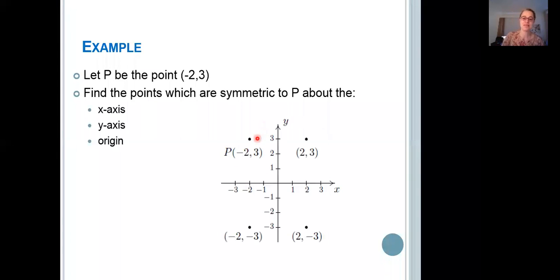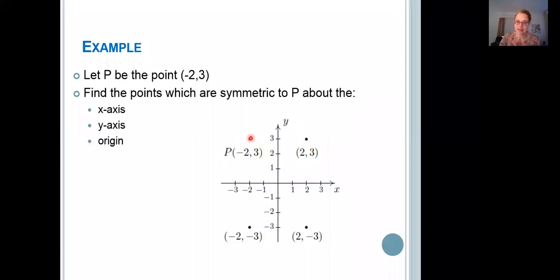So if we took our point P about the x-axis, we remember that means the x-coordinates have to be equal and the y-coordinates are equal in value but opposite in sign. So this point right here, (-2, -3), is the point that is symmetrical about the x-axis with respect to P. Let's talk about symmetry about the y-axis.